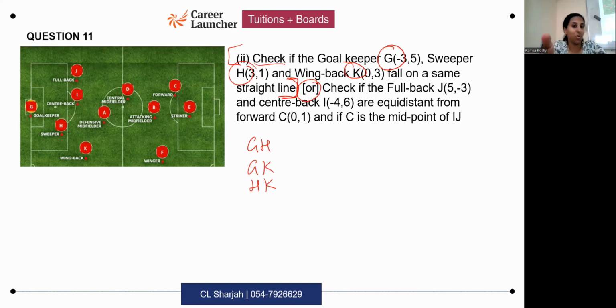I don't know which is the smallest. Maybe from the figure we can quickly see. So GH is here, HK is here, GK is here. If they were collinear, GK must be equal to GH plus HK. Just do it separately, find the two smallest distances and then check whether it's equal to the biggest distance.